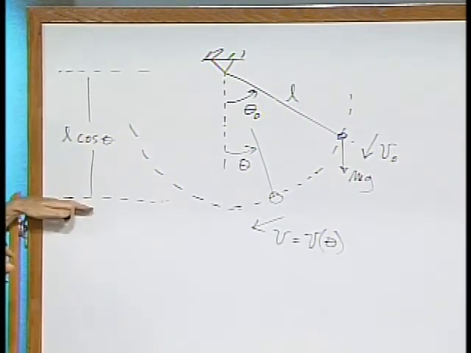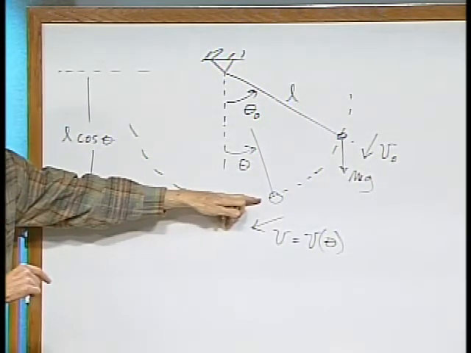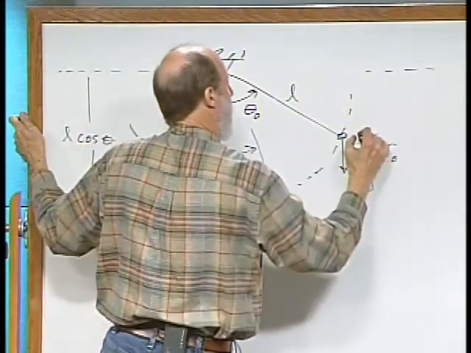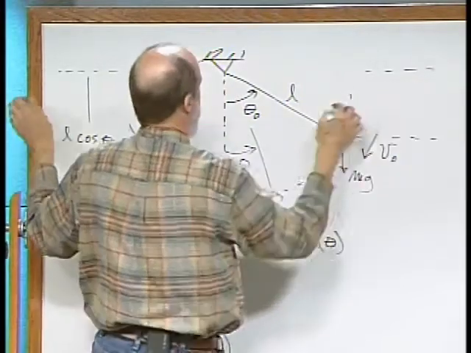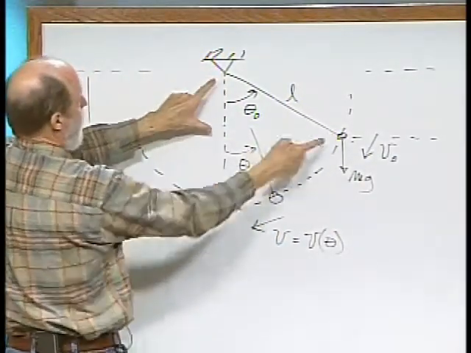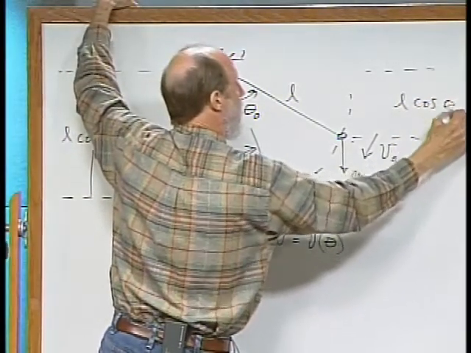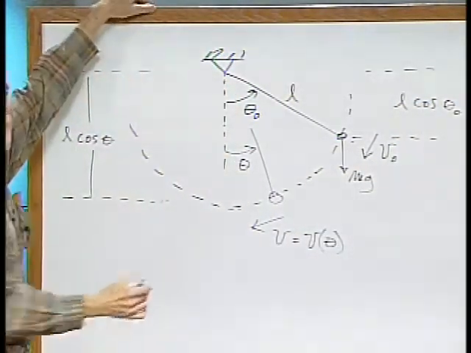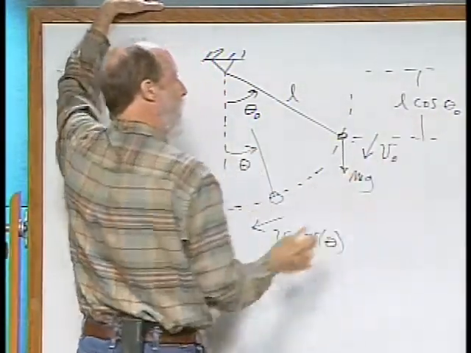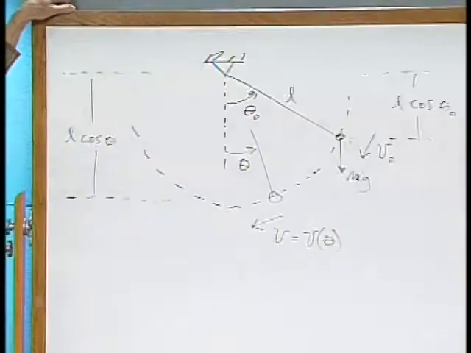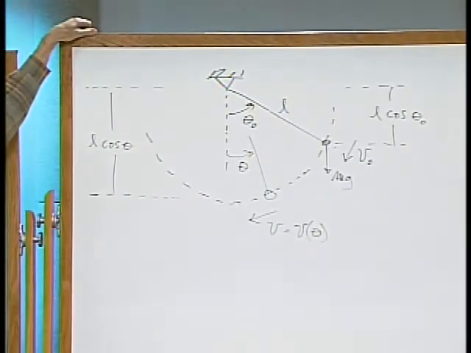L cosine theta down to this height. And initially, this was at this height, which would be L cosine of theta naught. Is that all right with everyone? Everything okay so far?